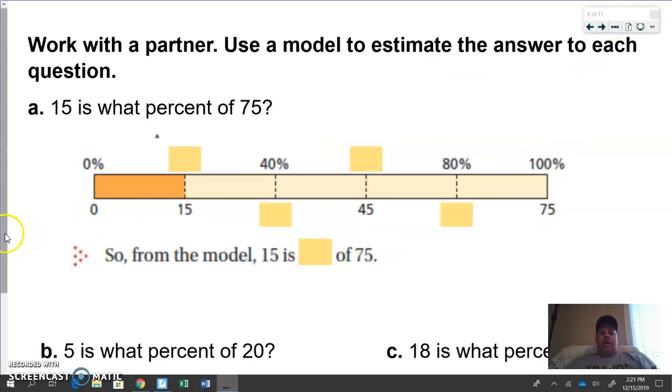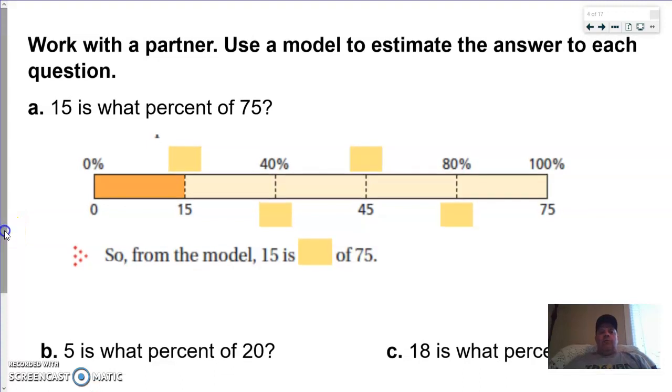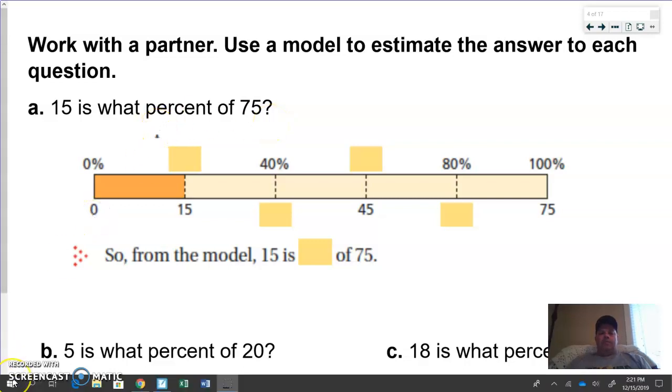Please try letter A on your own. 15 is what percent of 75? As you can see here, we have 0, 40, 80, and 100. It's broken into 1, 2, 3, 4, 5.